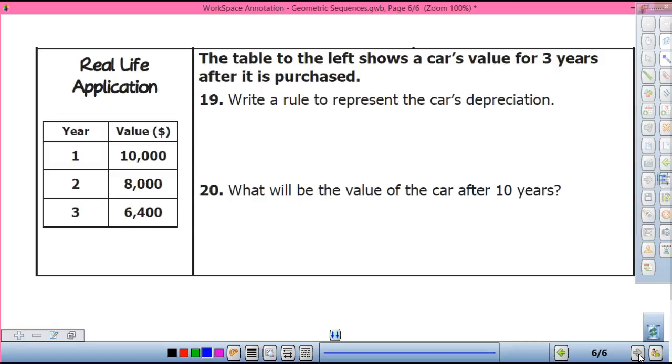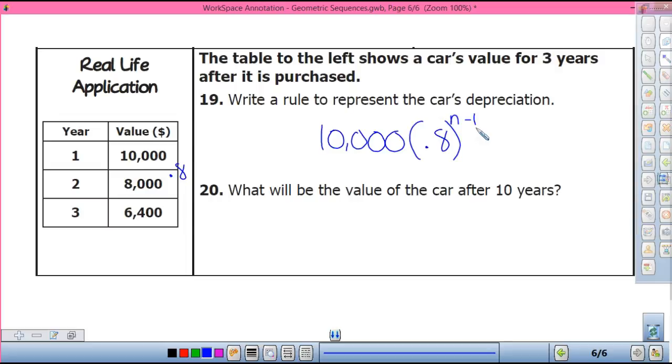So in this case, take your 8,000 divided by 10,000, and you get 0.8. All right, so my G sub 1 was 10,000 times, what's my ratio? 0.8 to the n minus 1.